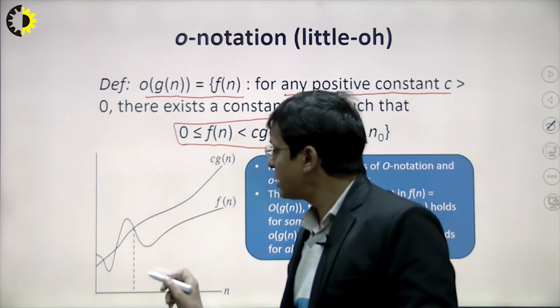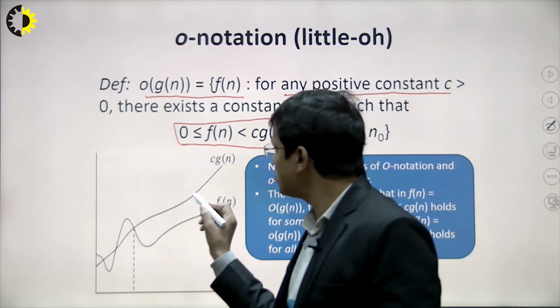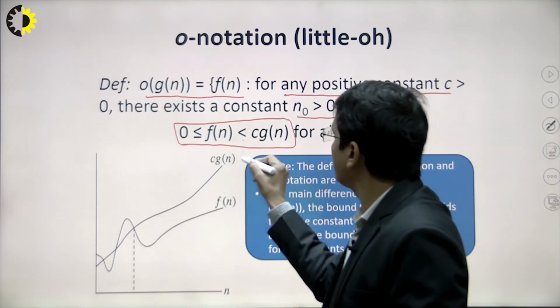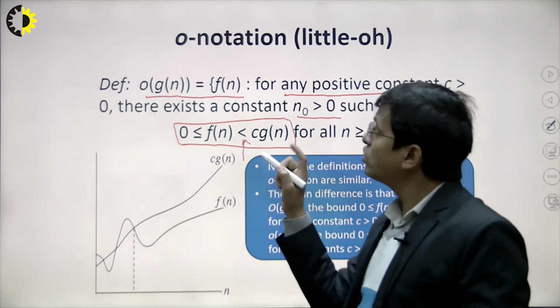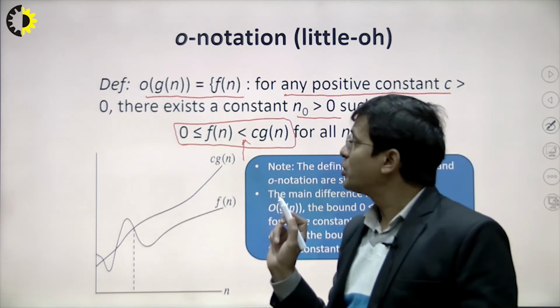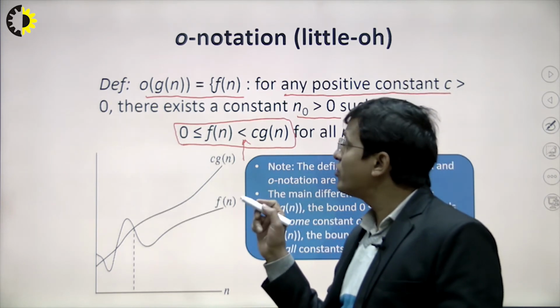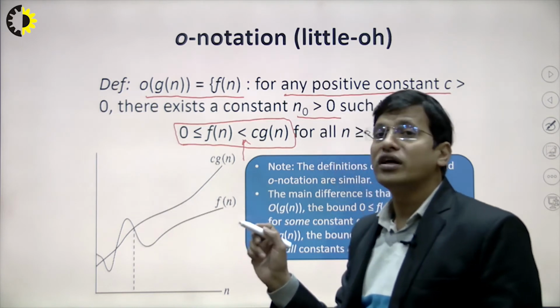This is similar to the big O notation, but here equality is not coming, and that's why this notation is not a tight bound.